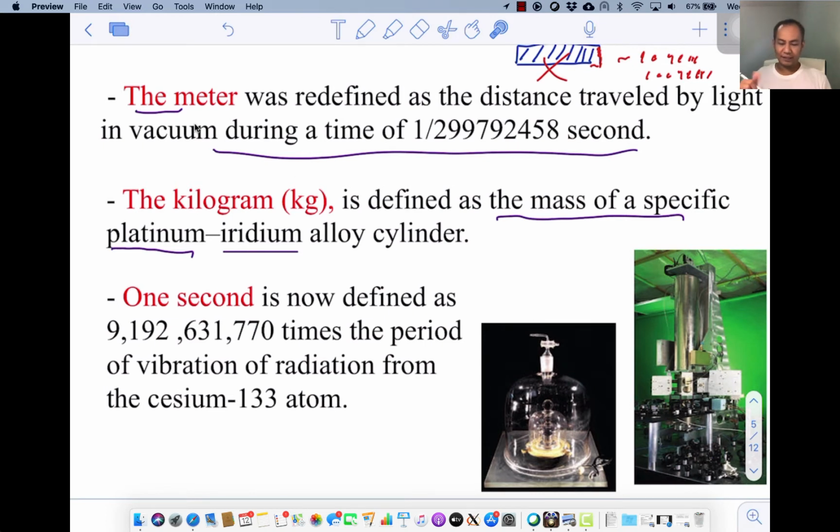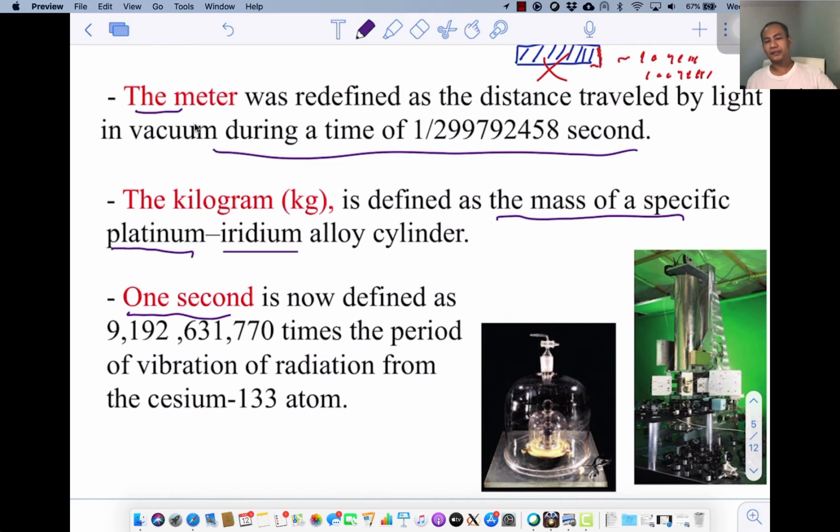For 1 second, how do we define it? We do not define it by using the stopwatch in your smartphone or smartwatch, but by using the vibration of cesium-133 atoms.